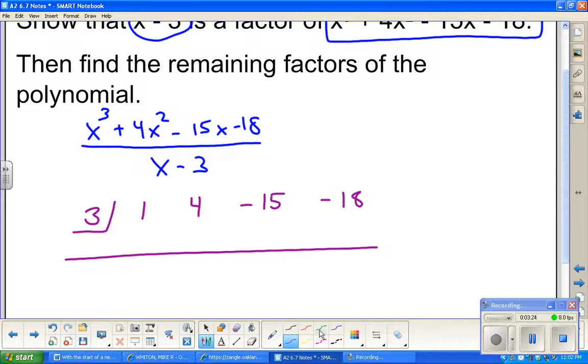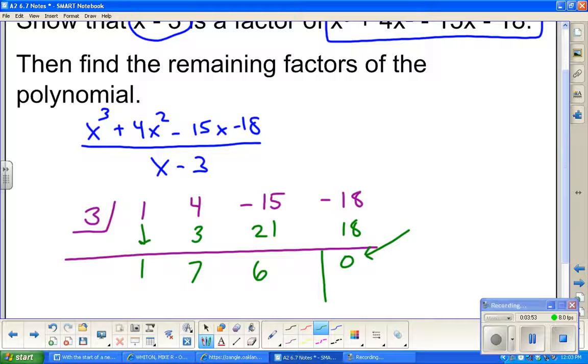Bring down the 1. Multiply the 1 by the 3 in the box: 1 times 3 is 3. Add the 4 and the 3, we get 7. Repeat the process: 7 times 3 is 21. Negative 15 plus 21 is 6. 6 times 3 is 18. And we did get the remainder of 0.